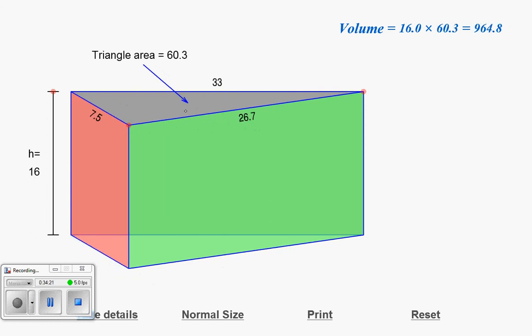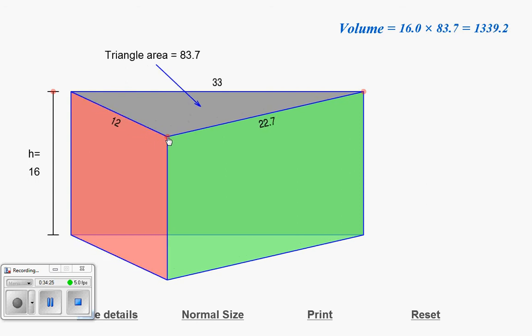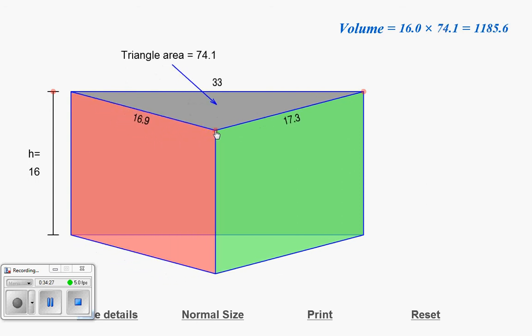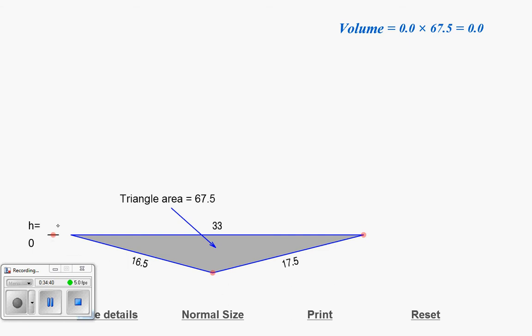Let's get that to a nice even number so you can see it here. The area of the base, which is gray, is 67.5. So if I bring the height down to 0, now I simply have the area of the base. And in this case, the triangle area is 67.5.